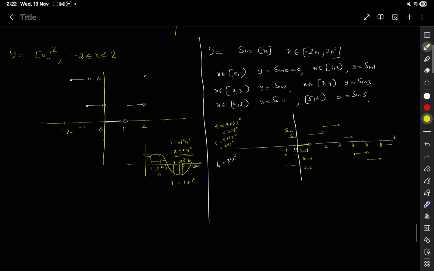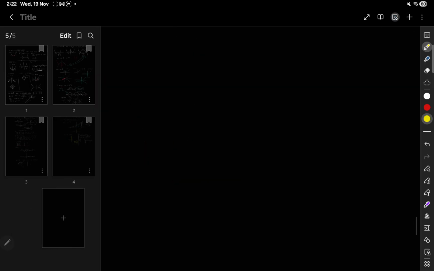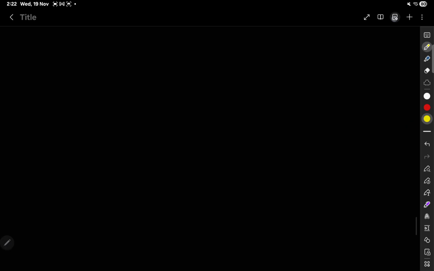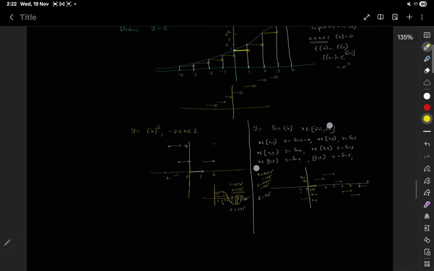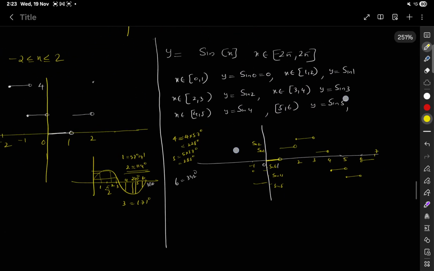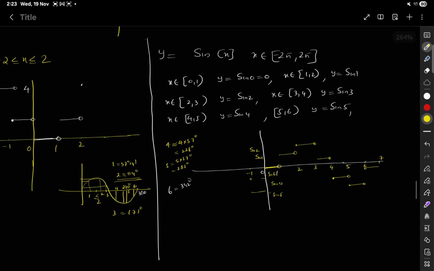Now next, now previous one, here what happens if I take its step, this graph complete step, if I take y equal to step of sine step x, you take 0 to pi.